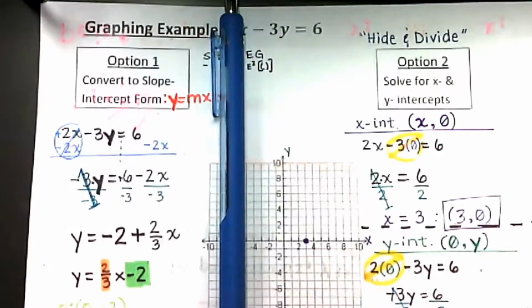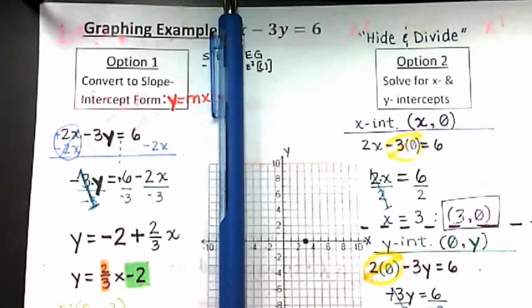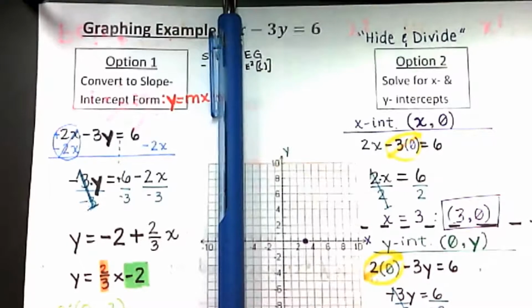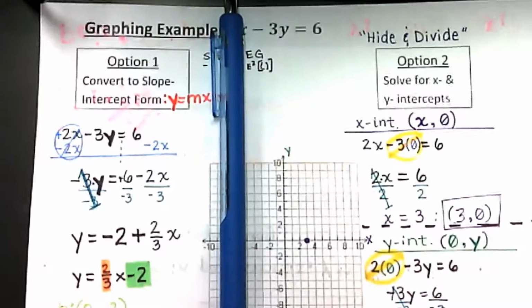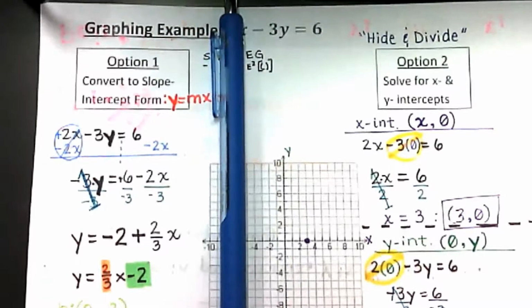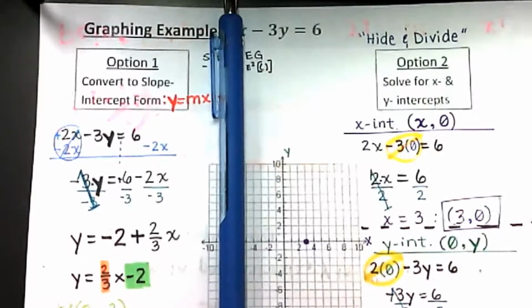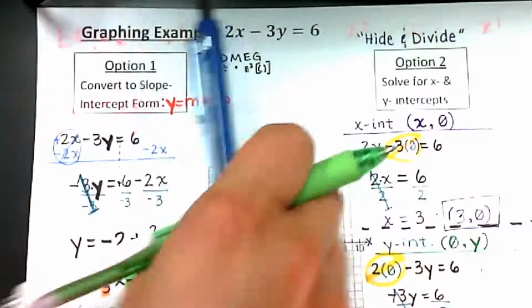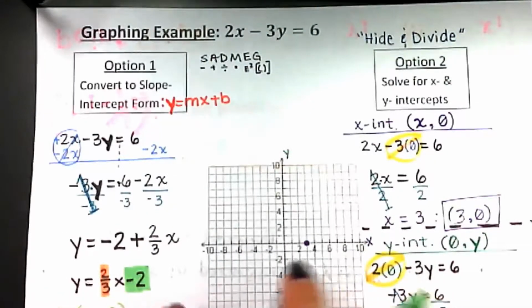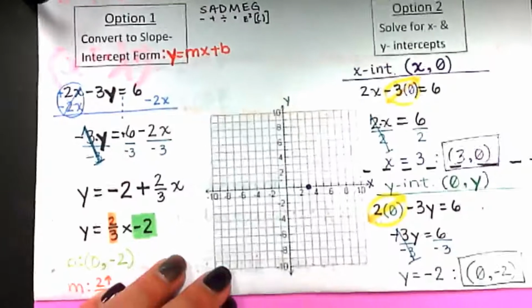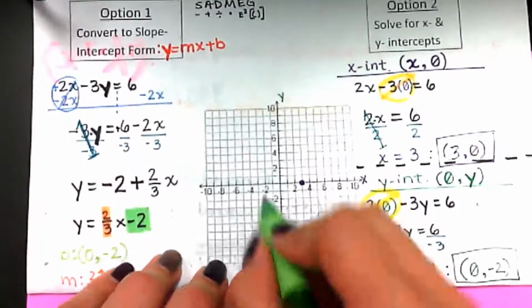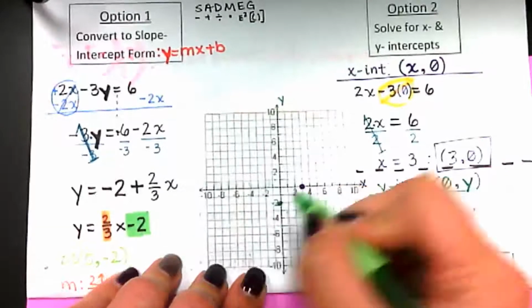And, well, y equals negative 2. So therefore, my y-intercept would be 0, comma, negative 2. And I would plot that over here on my y-axis. Oh, there we go. Now you can see that.